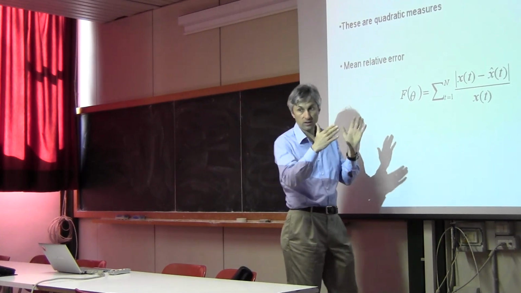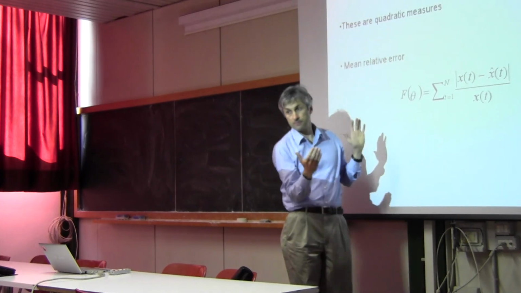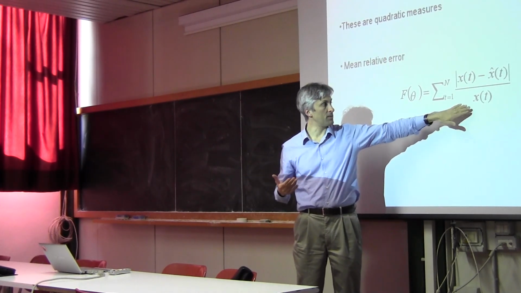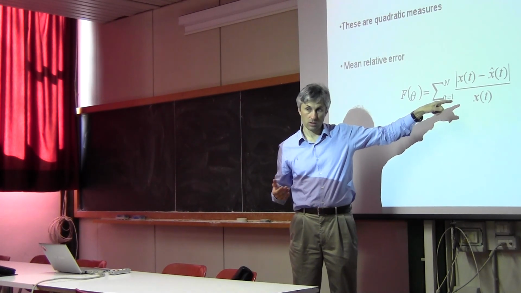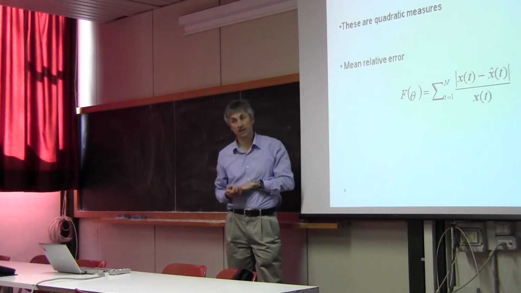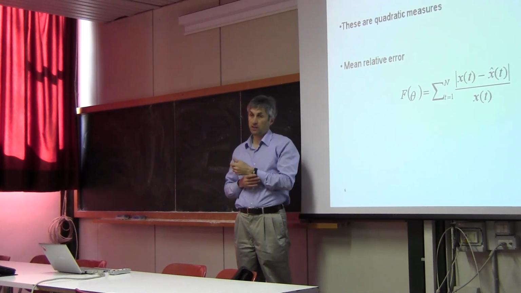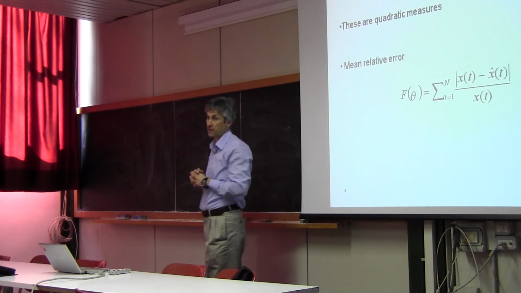It's not squared like before, but we just take the absolute value. And then we divide it by a scale parameter, which is the observed observation, which means that this is a relative error. And we should say the absolute value of the relative error.